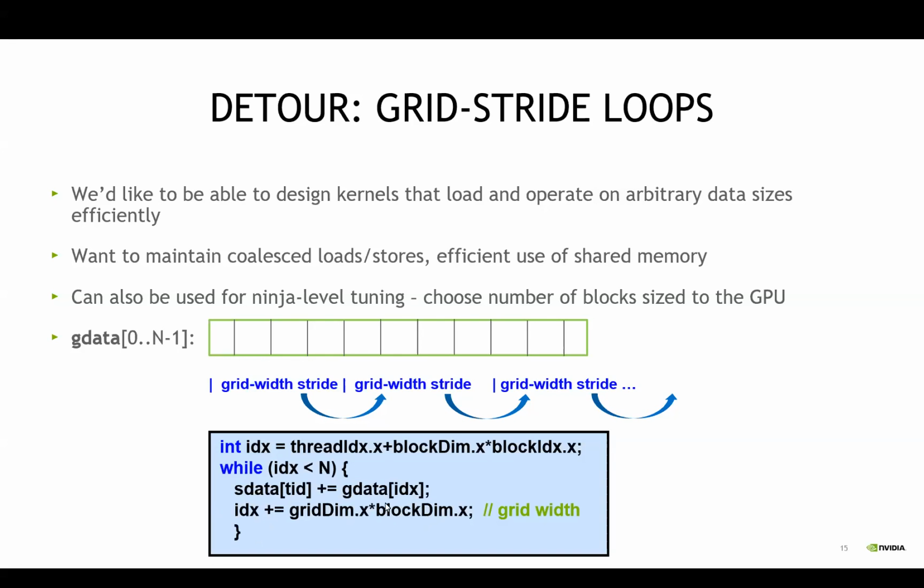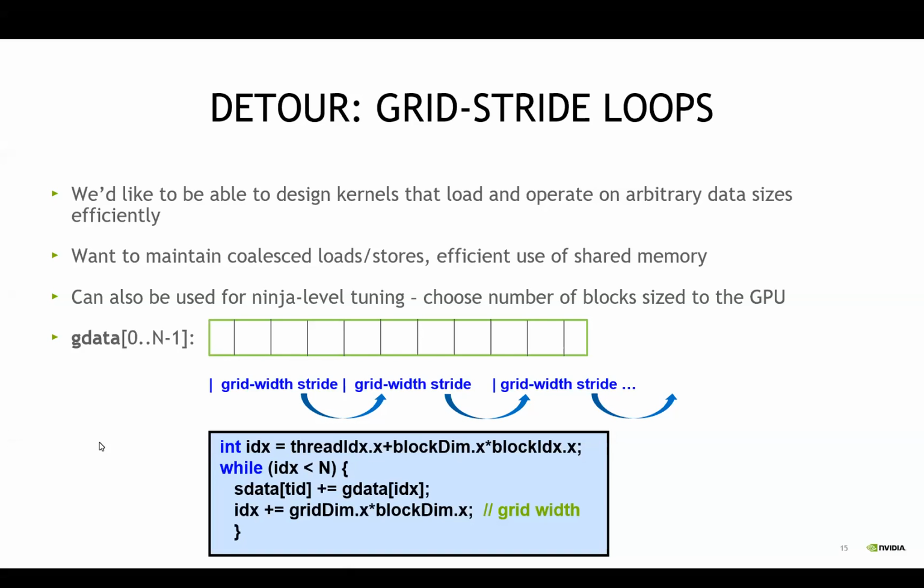Each thread is striding through global memory, through my input array, taking selected values from that input array and adding them to its running sum. Each thread then ends up with its own running sum, and after this while loop is complete, each thread can begin the parallel sweep reduction that we depicted on the previous slide.